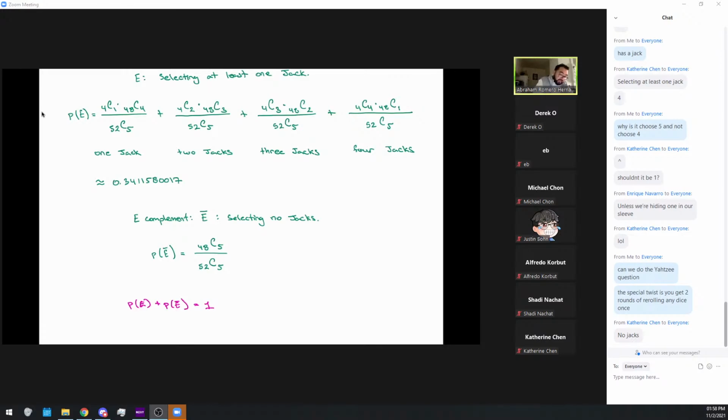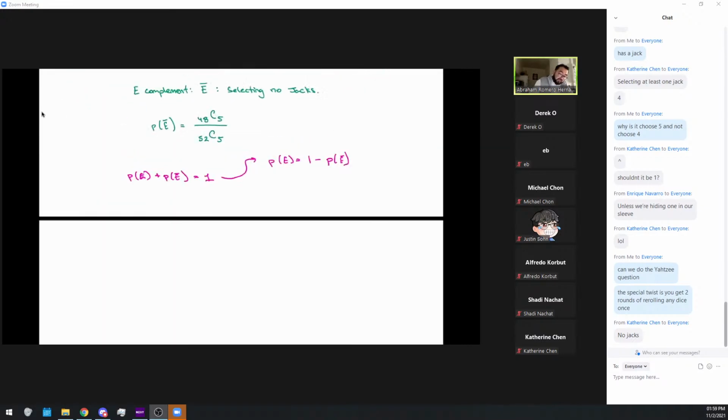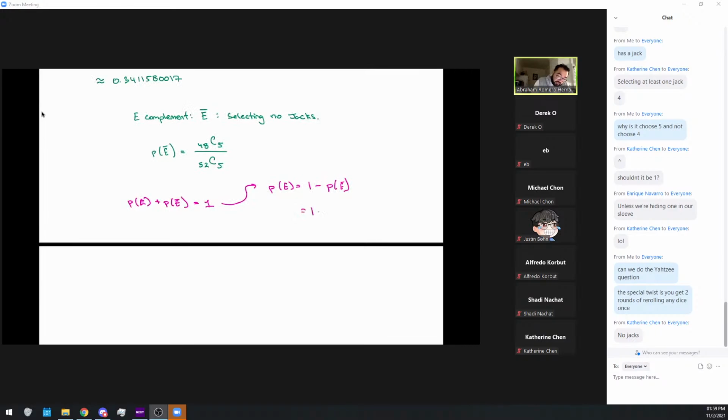So the probability of E is the same thing as 1 minus the probability of E complement. So that's going to be 1 minus 48 choose 5 divided by 52 choose 5, which in the end does come out to approximately the same thing, 0.3411580017. So there are 2 ways you could do this problem.